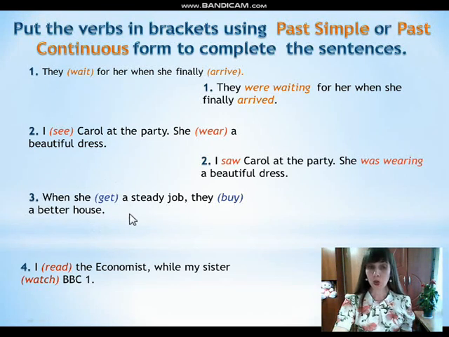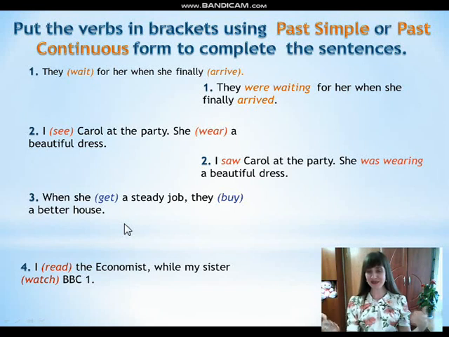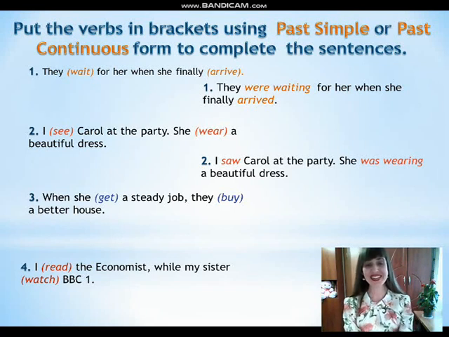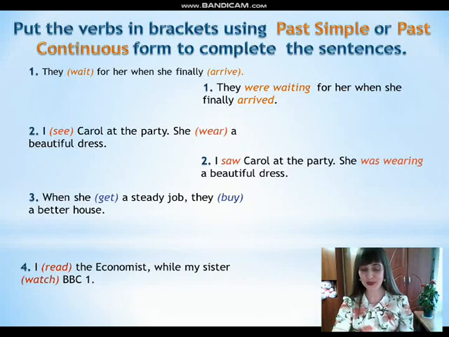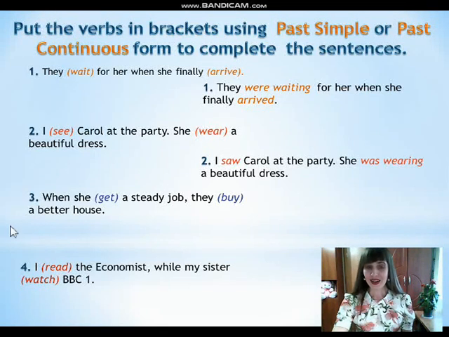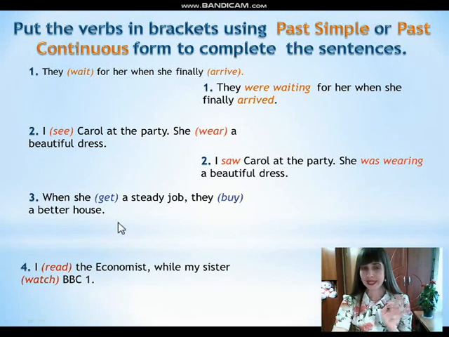Let's have a look at our third sentence. When she got a steady job, they buy a better house. I already think about the correct answers. That's why. Maybe I told you the correct answer. I don't know. So, let's think. What can we have here? We have here a sequence of past actions. The first action, this one, and the second action is this one.